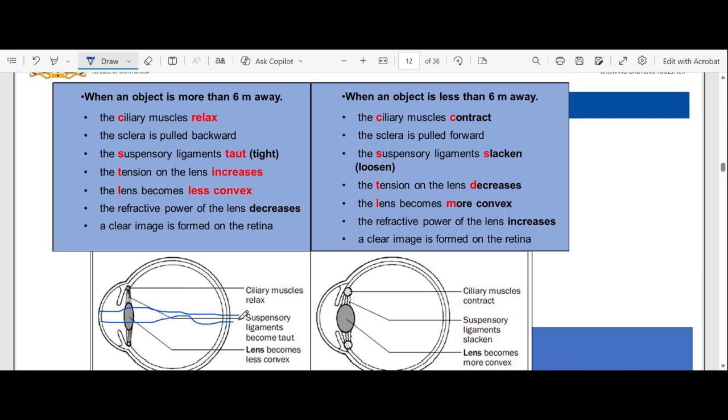Trying to focus light on your retina. I tried, guys. I tried. This pen is acting on me now. It's me who's not acclimatized to using the pen, right? So they're trying to focus the light on your retina where a clear image is formed, right?